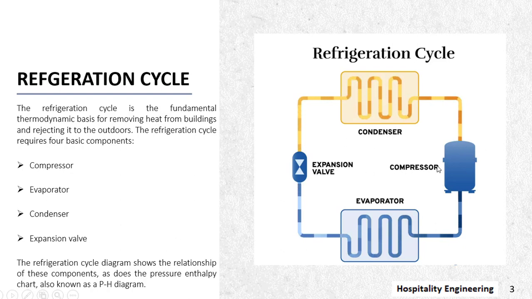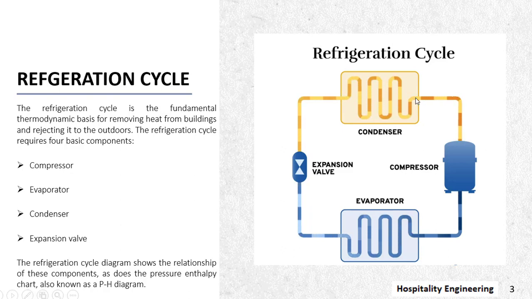The first one is the compressor, which is the heart of this system. Second is the condenser. Third one is the expansion valve. And finally the evaporator.